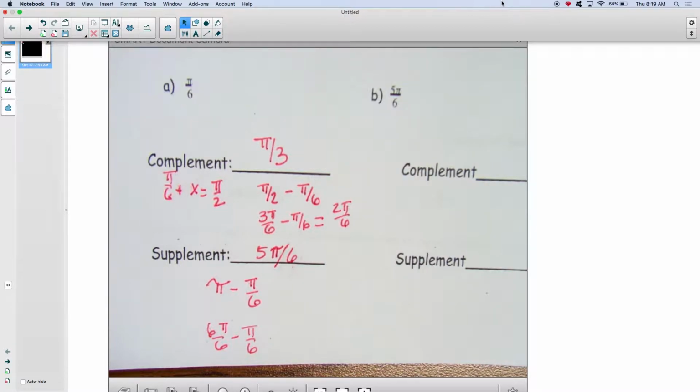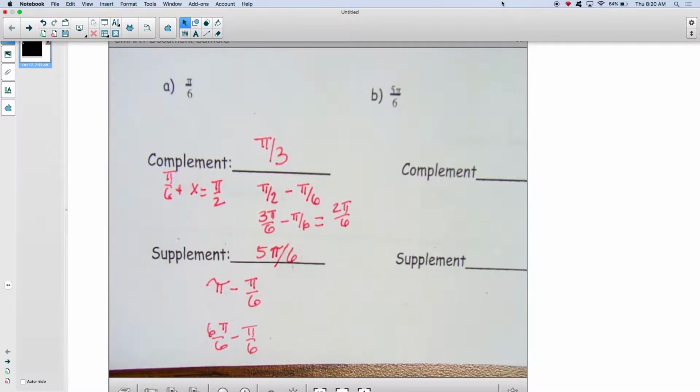You guys try B. So what angle added to 5 pi over 6 gives us pi over 2? I hear someone saying a negative number.